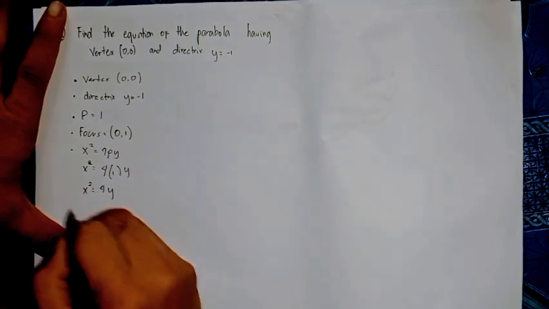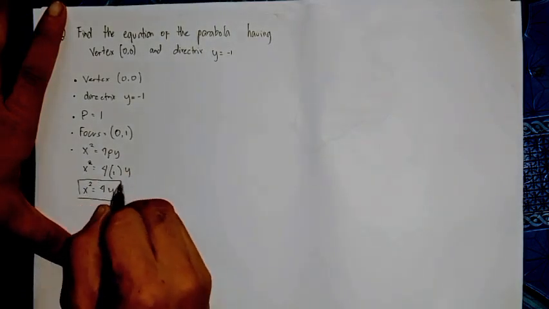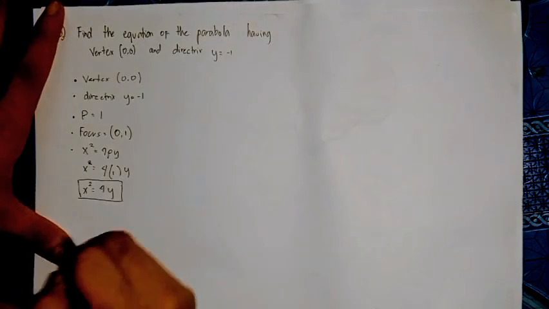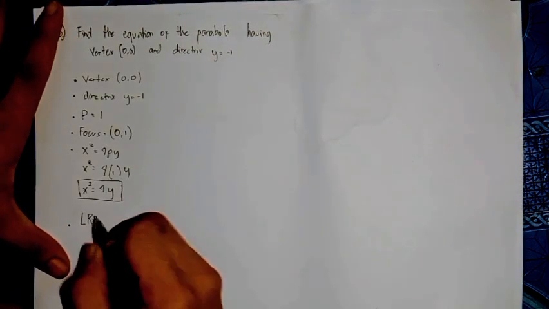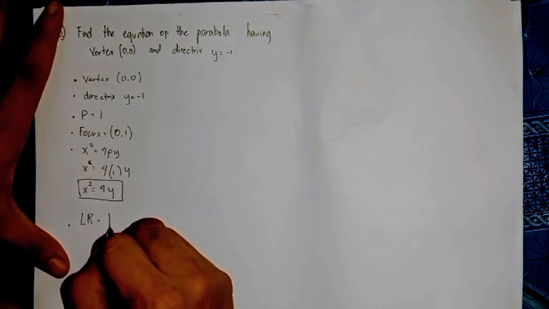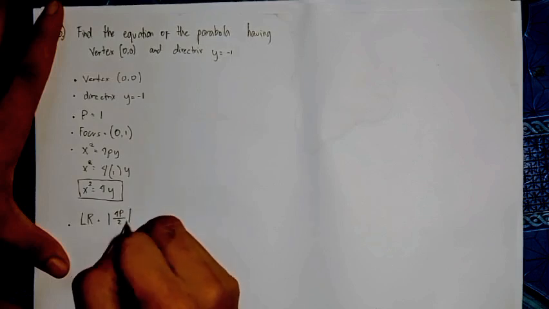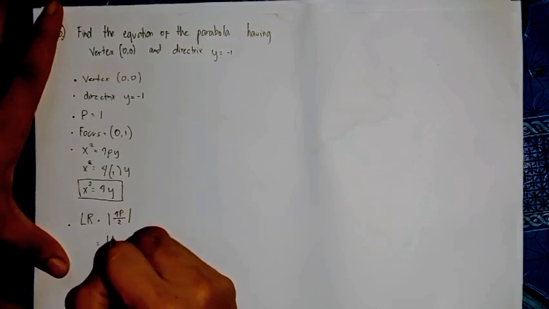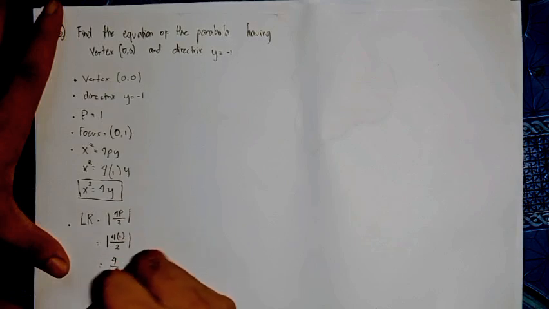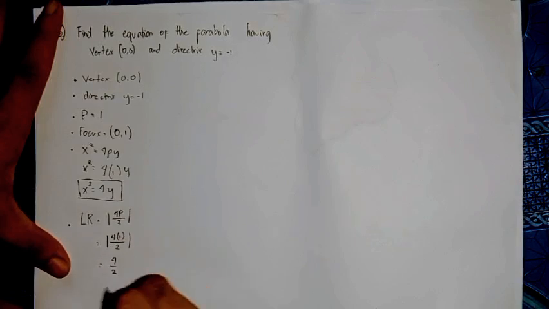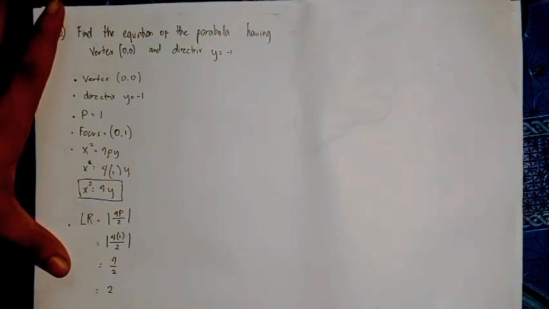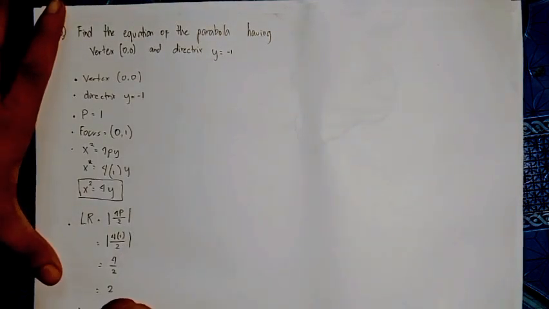This is now the equation of this parabola. Next, we will find the latus rectum. To find the latus rectum, we have the absolute value of 4p over 2, which is 4 times 1 over 2, or 4 over 2, which is 2. Therefore, our latus rectum endpoints are (2, 1) and (negative 2, 1).